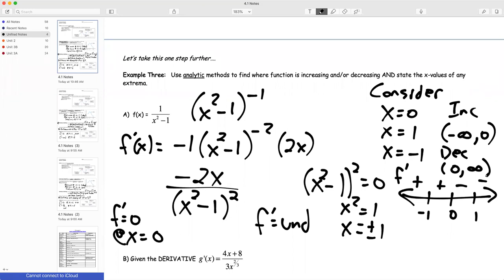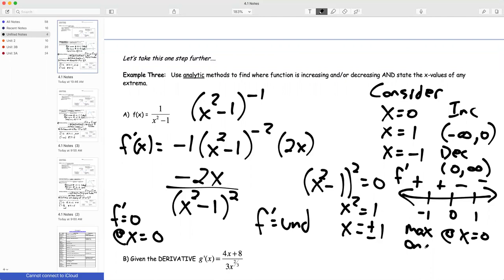Okay? There is an extrema, however, at 0, and I know that it is a maximum because it goes up, then it goes down. The derivative changes from positive to negative, and 0 exists in the original function if I take 0 and plug it in. So I know there is a max, I want to say there's a max at x is equal to 0.